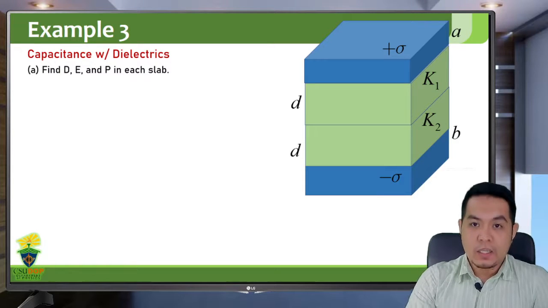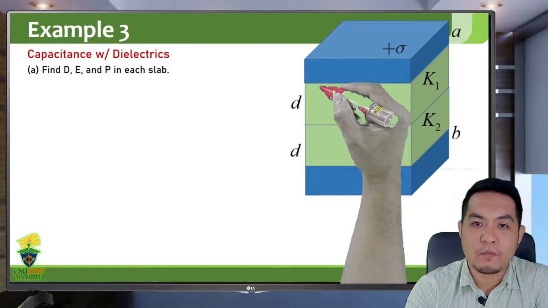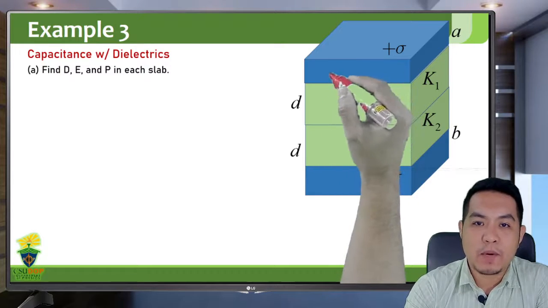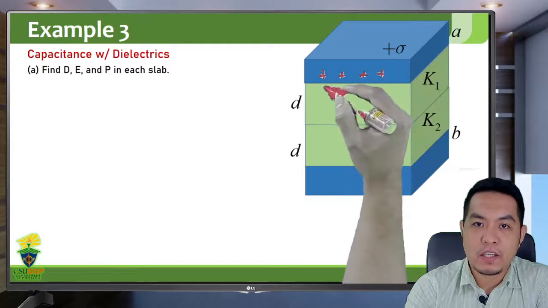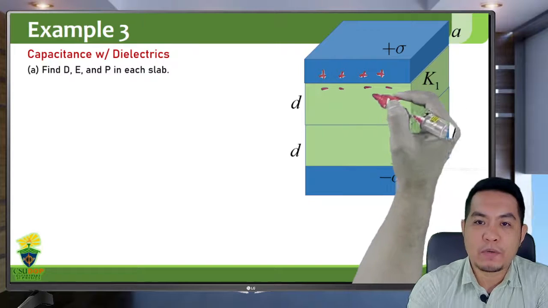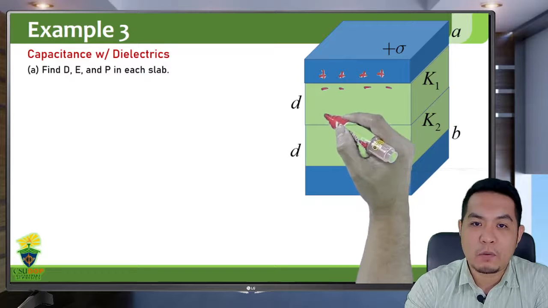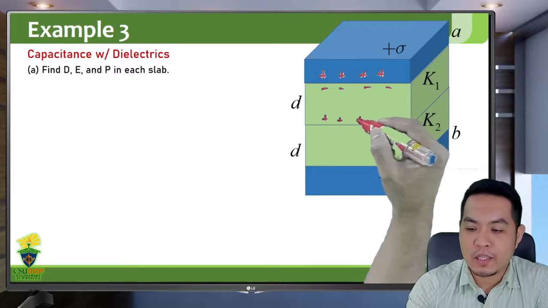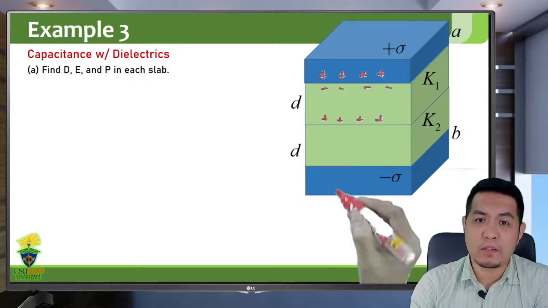Okay, so in this problem here, since the upper plate will be positively charged, there will be a positive sheet of charge here, then there will be a negative bound charge on the upper surface of slab number 1 or dielectric number 1, and there will be positive charges at the lower surface of slab number 1.